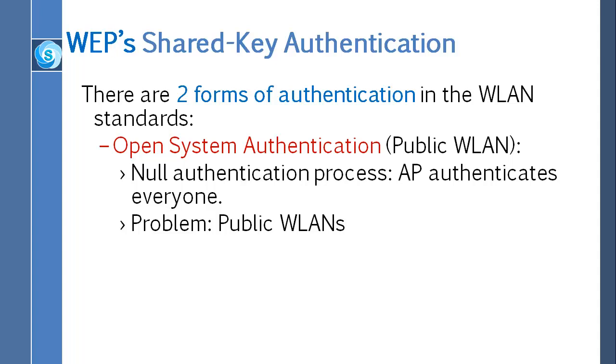So for this, we actually have two types of authentication in wireless networks. One is called open system authentication, public LAN. That means there is no authentication because it's open. Null authentication.